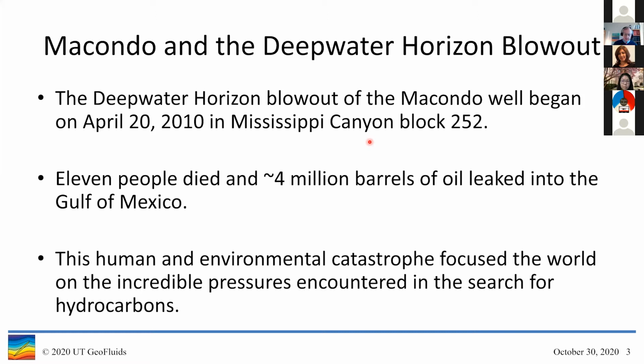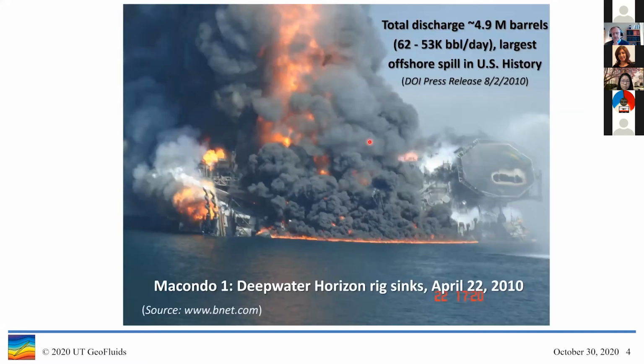And again, many of you may remember this was on the nightly news, hour after hour, describing some of the implications of this. This is just one of many slides of the blowout itself when the Deepwater Horizon sank. Again, a summary of the discharge loss on the top, and a truly extraordinary and tragic event.